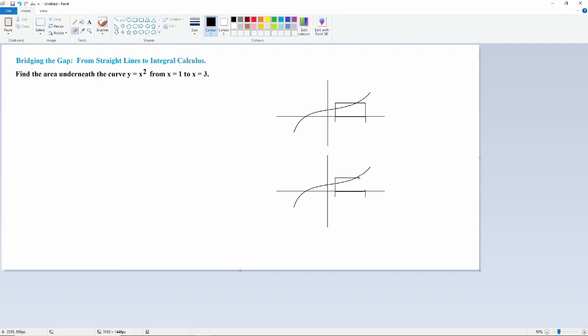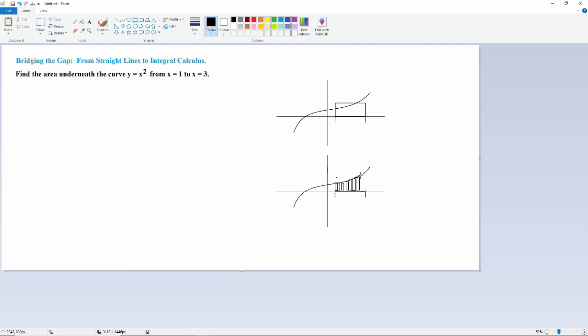let's see what we can do about that. Let's say we have a rectangle here, and a rectangle here, and a rectangle here, and lots of these rectangles. Then we can get a better estimation of the area under the curve.